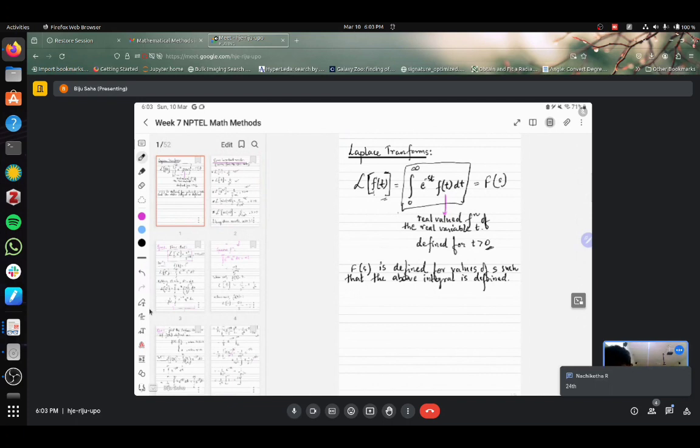So today is 10th March. On 17th March we have this last problem solving session, and then 24th March will be your exam. So go and look at this particular lecture on the Laplace transform, and that will help you solve the assignment problem. Then see you in the next class.